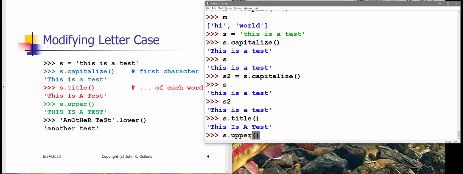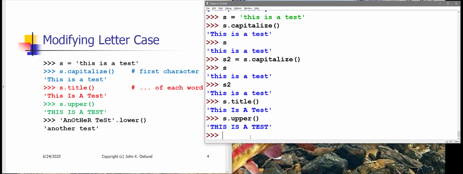S.upper converts all lowercase letters to uppercase. Now, anything that's not a lowercase letter is unaffected, so the spaces are unaffected by this. And if I had something like "this is 123 exclamation mark", and I converted that to uppercase.